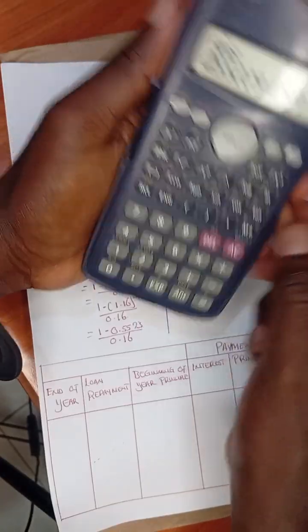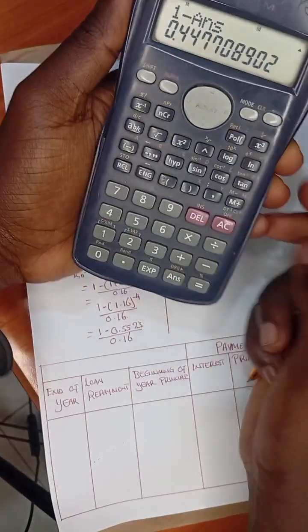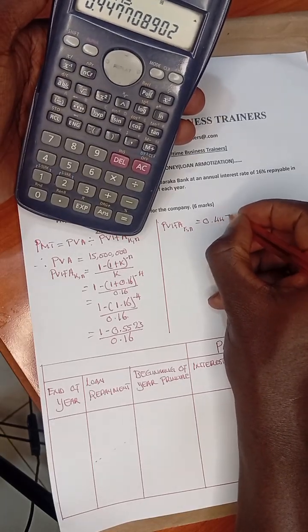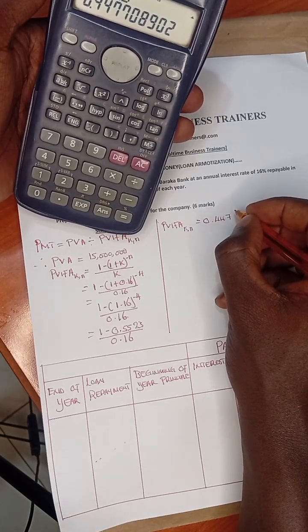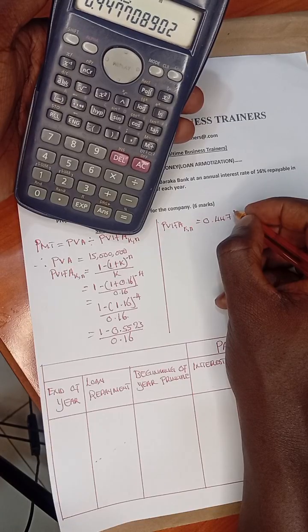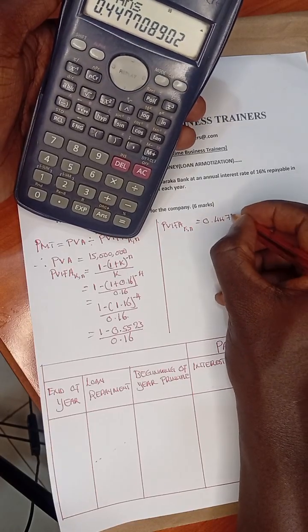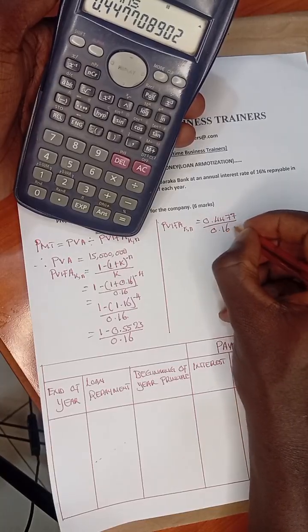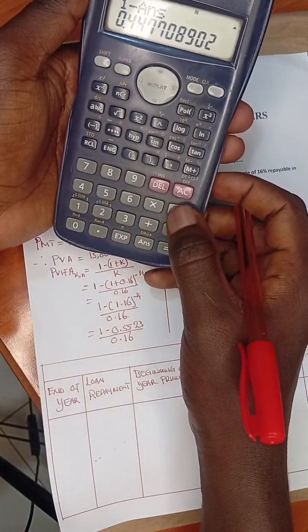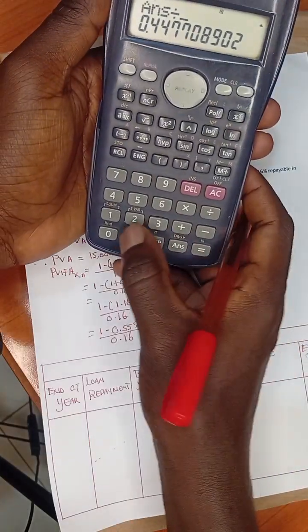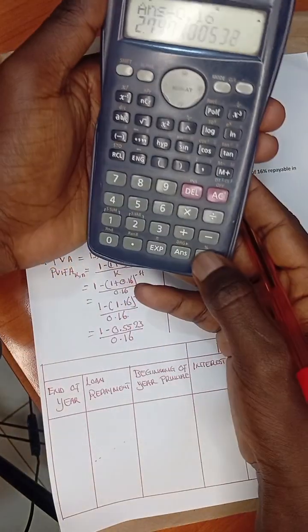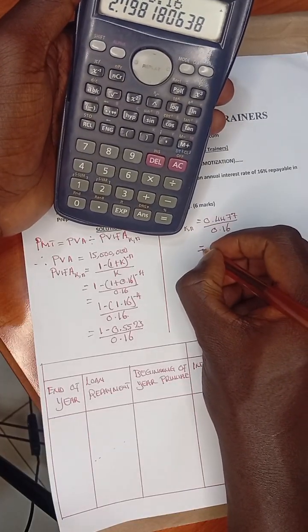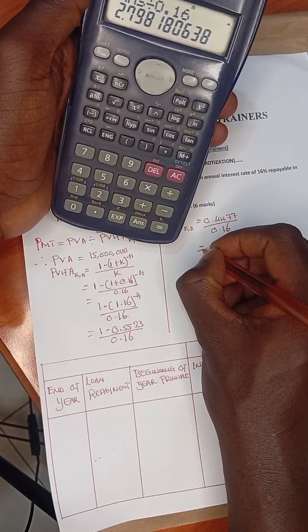This is the answer, so 1 minus it, you have 0.4477, divided by 0.16. Let's calculate with you: divide by 0.16. We get the answer 2.7982.